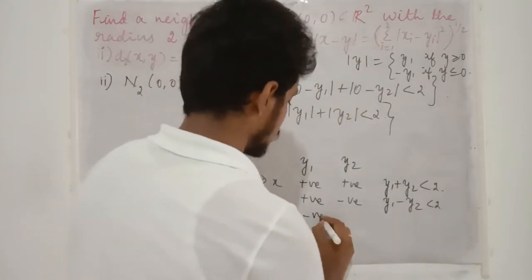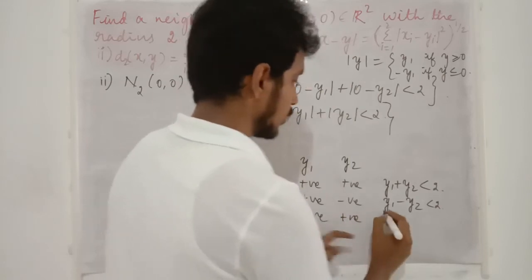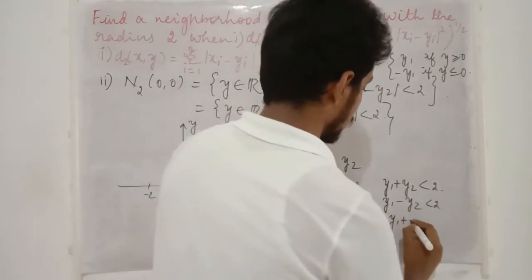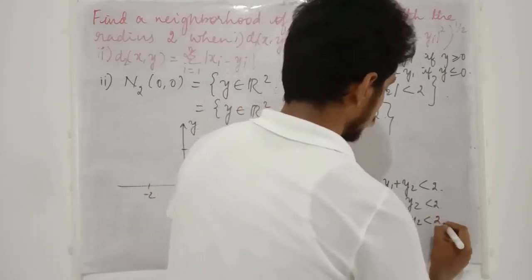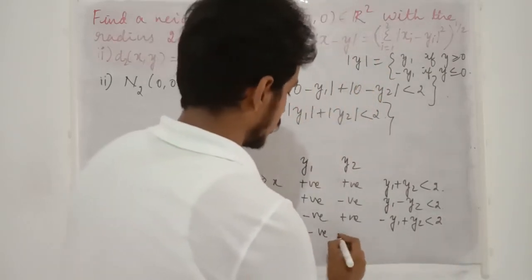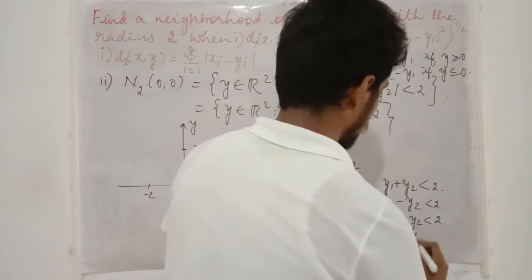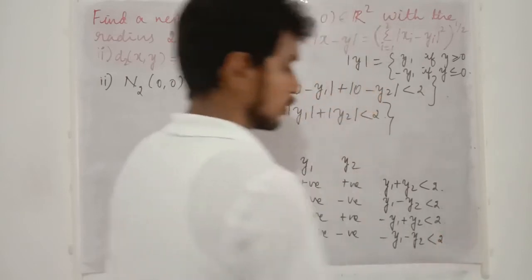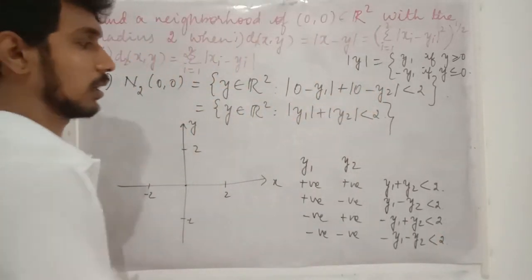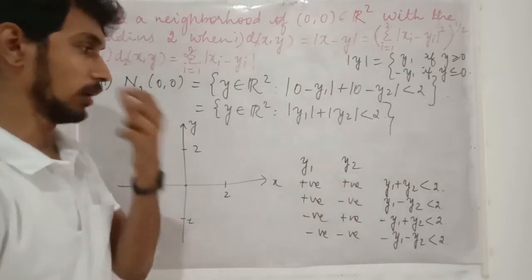Then if you consider this to be negative and this to be positive, you will have minus y1 plus y2 less than 2. And similarly, when both are negative, you will have minus y1 minus y2 less than 2. Now we need to identify the points.